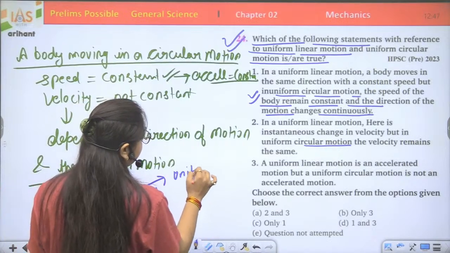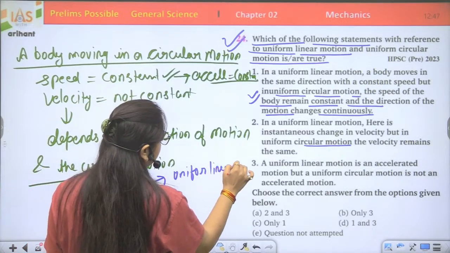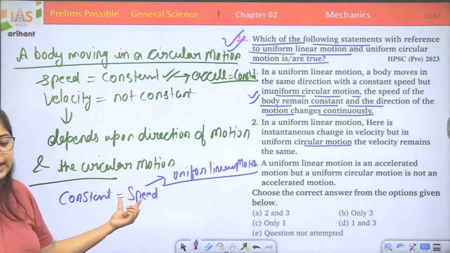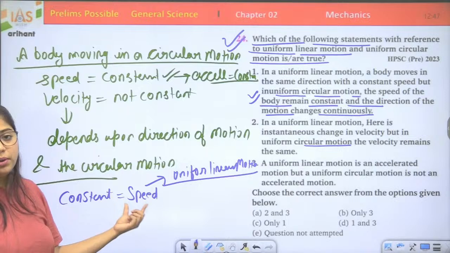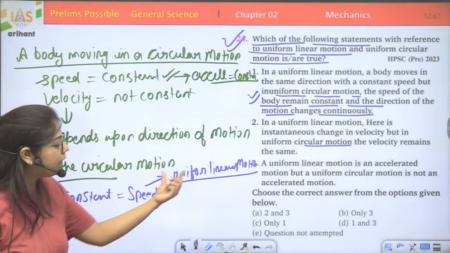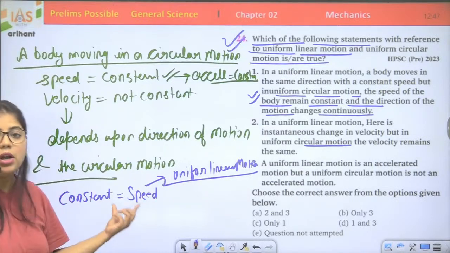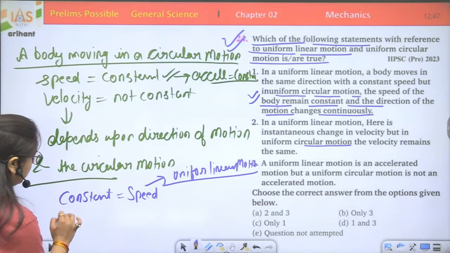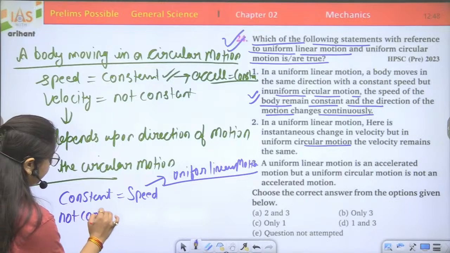uniform linear motion has constant speed, but does not have constant acceleration, right?